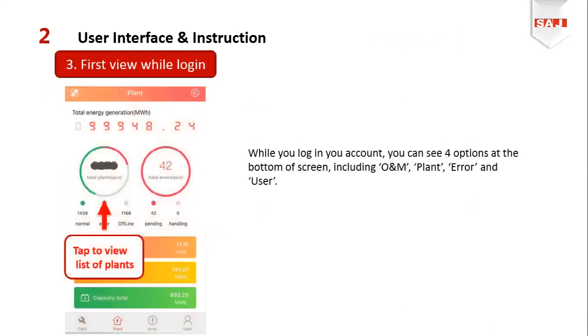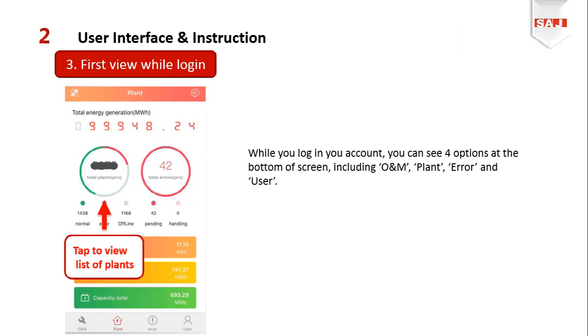Okay, next. When you log in successfully, first you will see the basic interface with all the information of the plants inside your distributor account or installer account. And also you can see the total errors that appeared recently across all the plants inside your account.